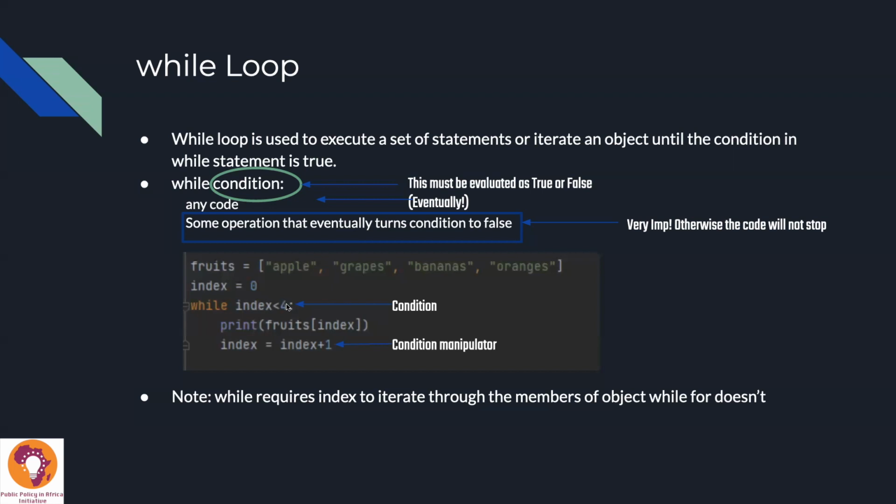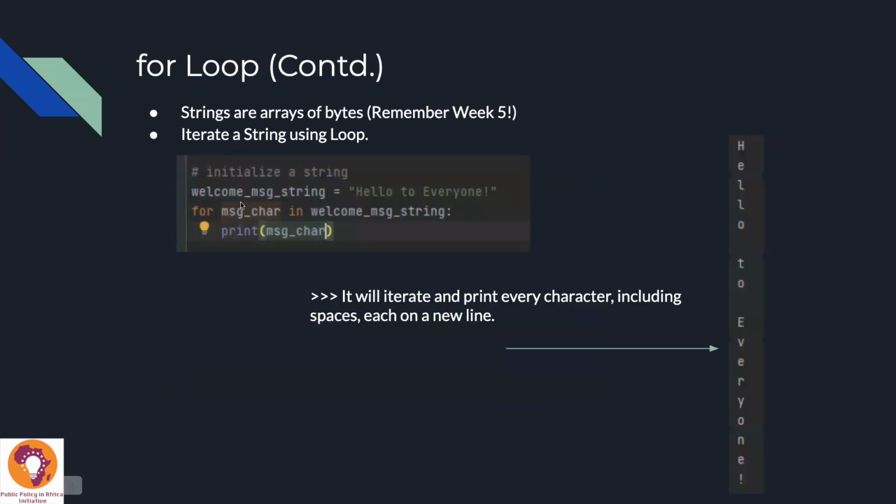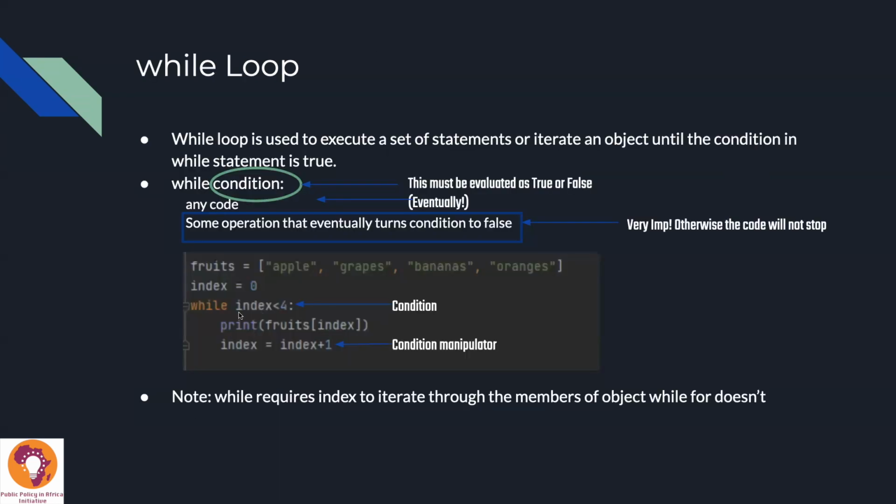With our for loops, we had a reference like message character, for each message character in welcome message, something we could reference within our loop that corresponded to the item we're currently iterating over. With the while loop, we don't have that. So instead, we have to index things, and we can use the index counter.